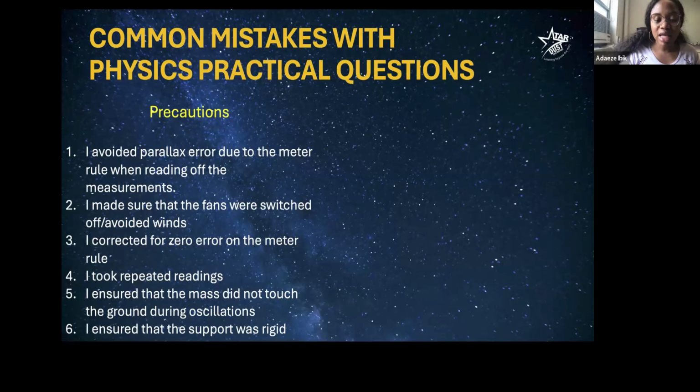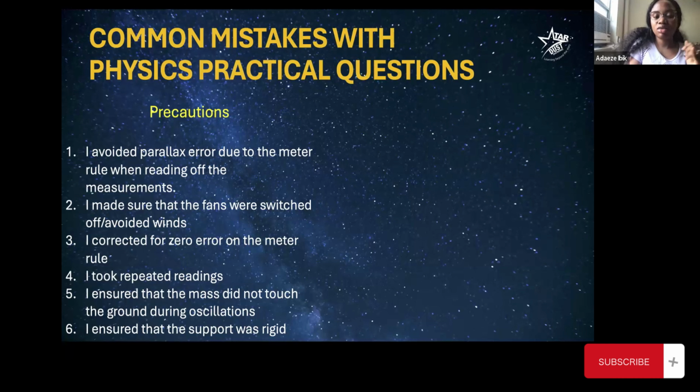So there are other questions that follow. For example, what are the precautions that you took while doing this experiment? It's different for every experiment, and you must take note of the specifics. Even in mechanics, there are different types of mechanics experiments, so you have to take note of the specific experiment. For example, when we handled a meter rule, or any manually calibrated instrument, you need to take note of parallax.